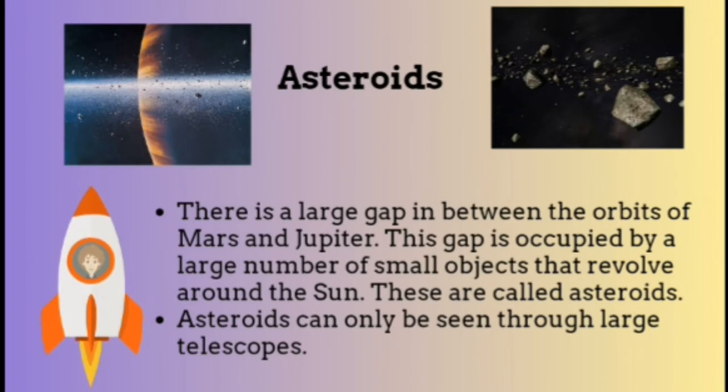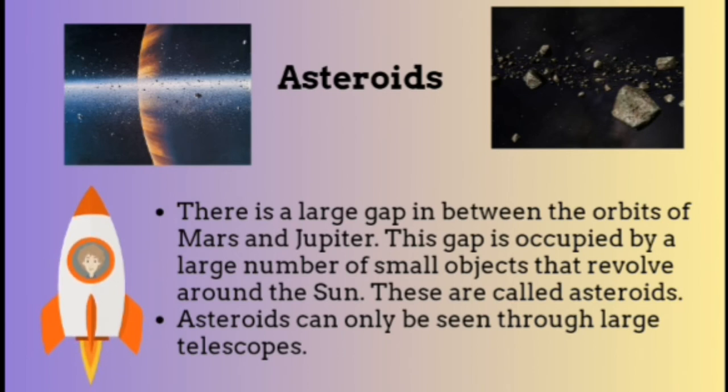Now let us learn about other objects in our solar system. Asteroids. Like we have guests in our family, asteroids are also like guests. There is a large gap between the orbits of Mars and Jupiter. This gap is occupied by a large number of small objects that revolve around the Sun.